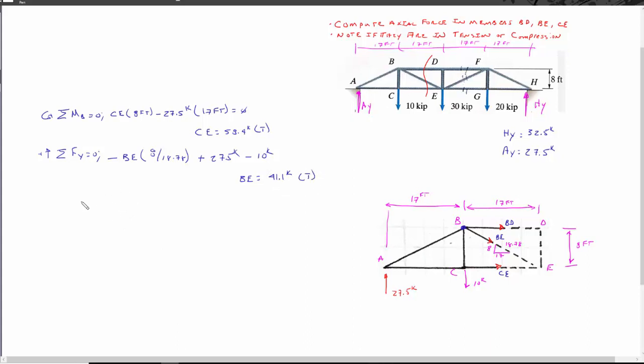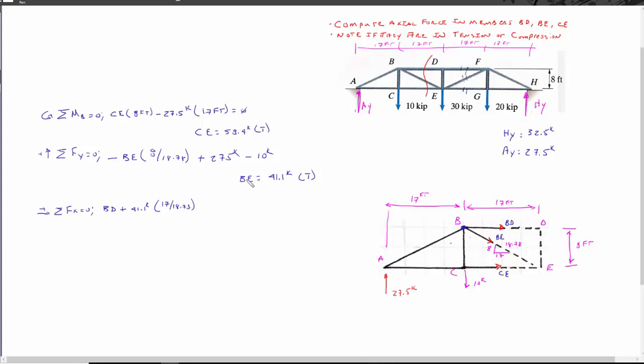Now BD, if I sum my forces in the x direction, I have BD, which is going to be positive because I'm showing it in tension, and when I take my equilibrium equations, it's going to the right, so it is positive in my equation. Plus 41.1 kips, that is going to be BE right here, times 17 over 18.78.